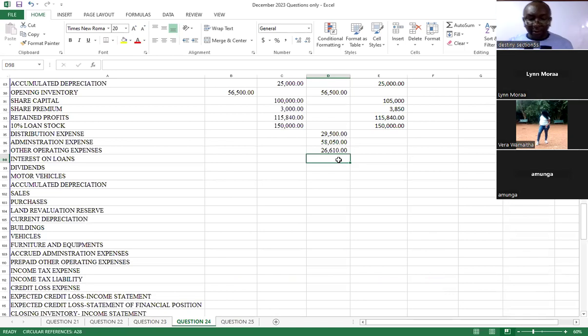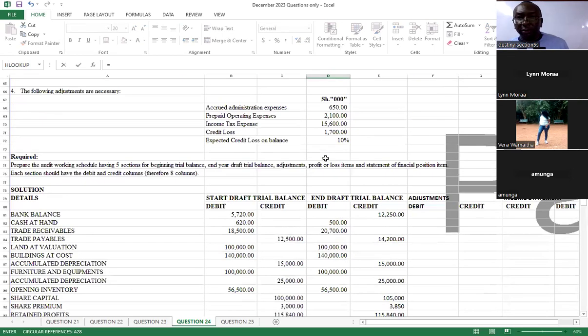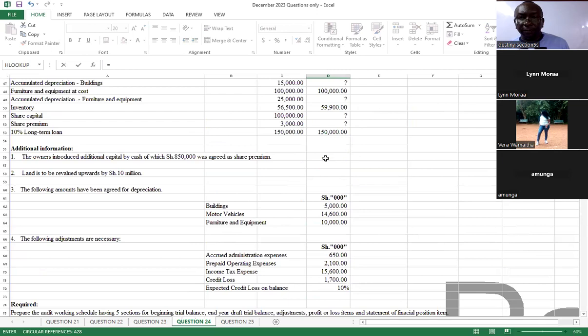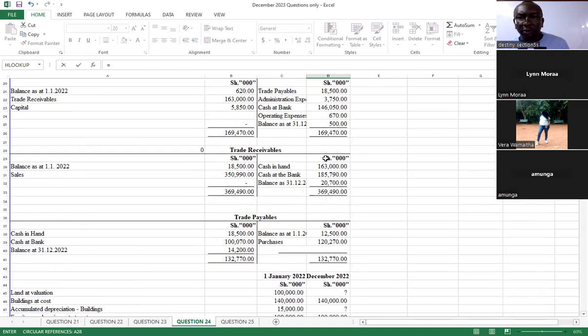Then there is the interest on loan paid. Interest on loan paid should be equal to interest on loan paid.